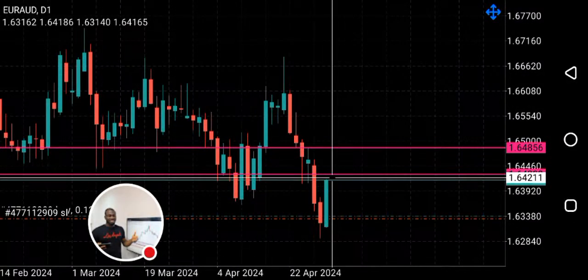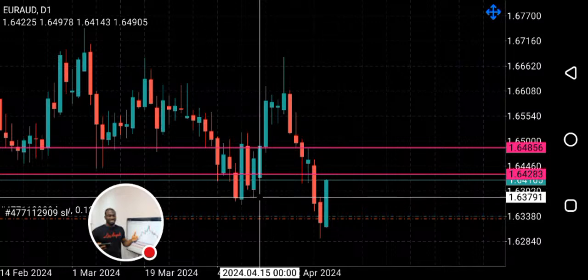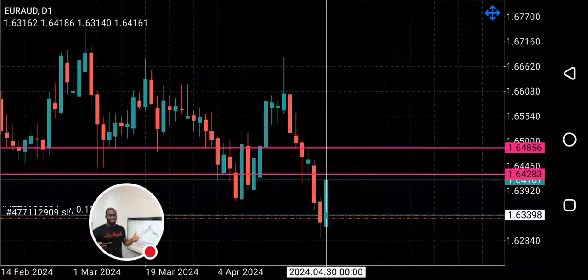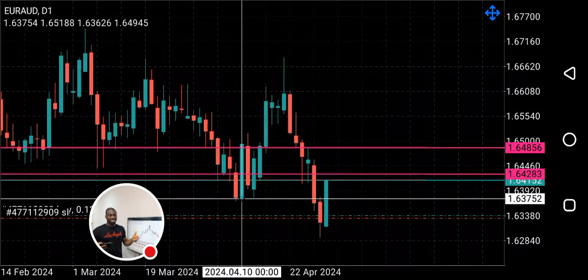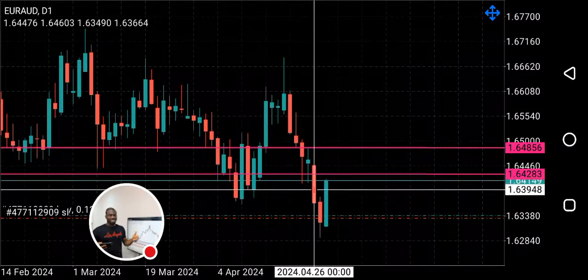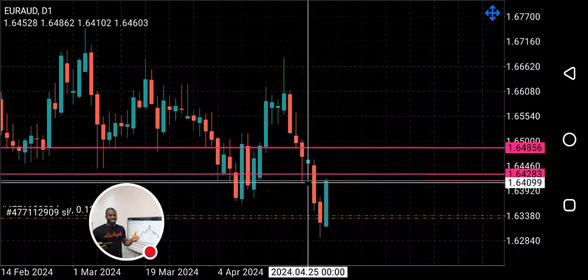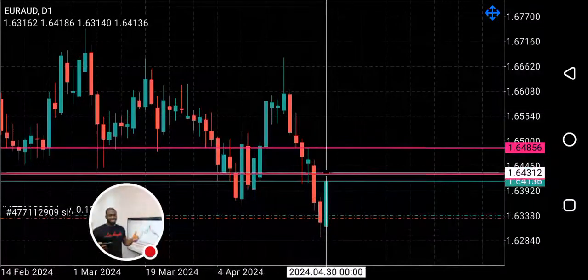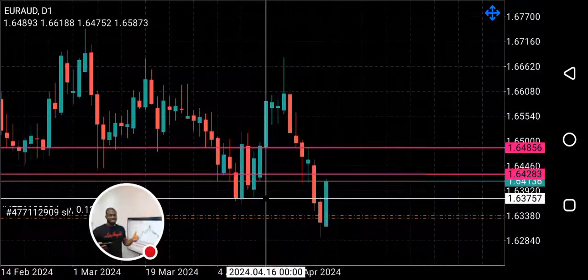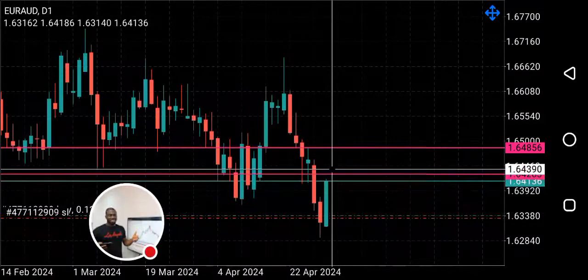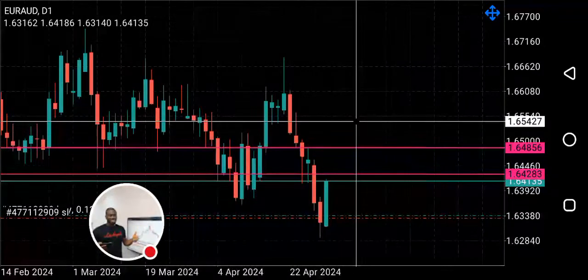This tells me that demand is higher than supply. This was a support level, which is a demand level, which became a resistance level. This is a demand level turned supply. It turned supply after this candlestick broke out from this low, from this support. Right now, demand has increased. Demand is above supply, so demand is higher than supply. When demand is higher than supply, you should look for buys.